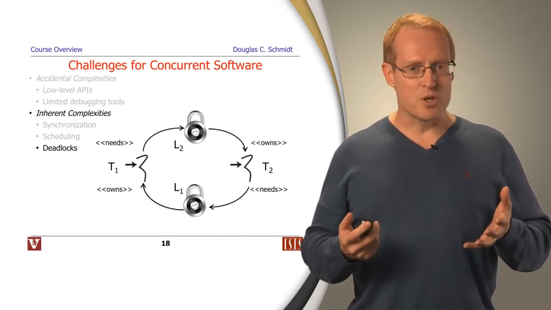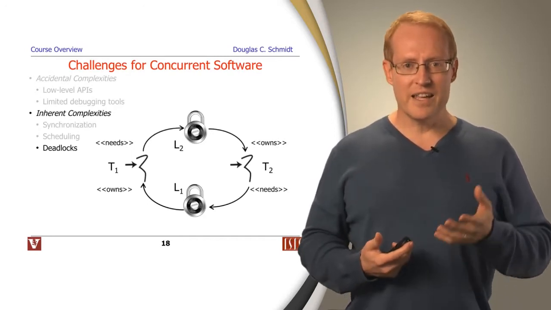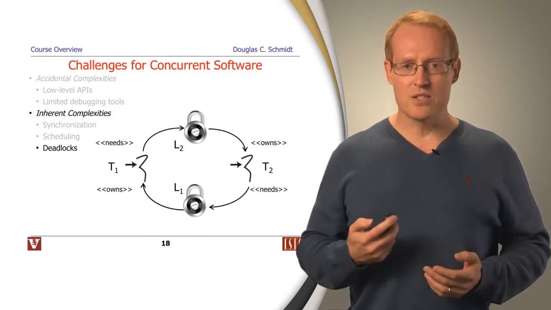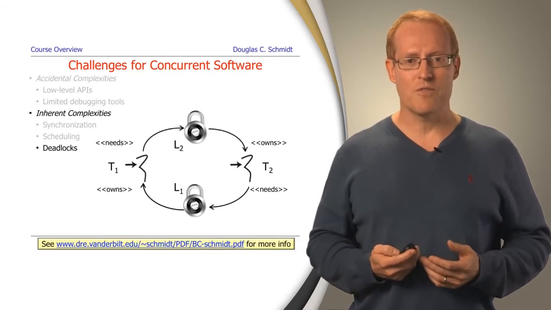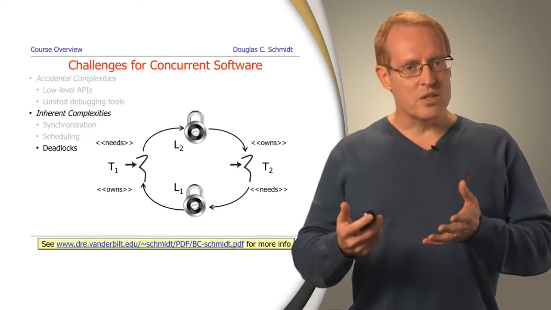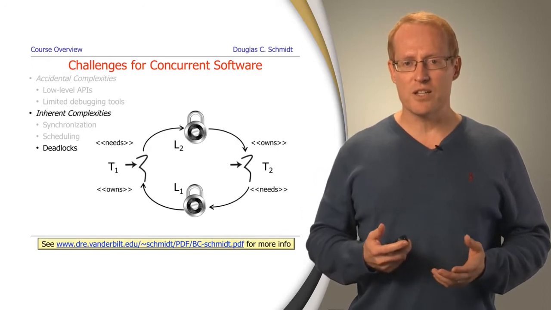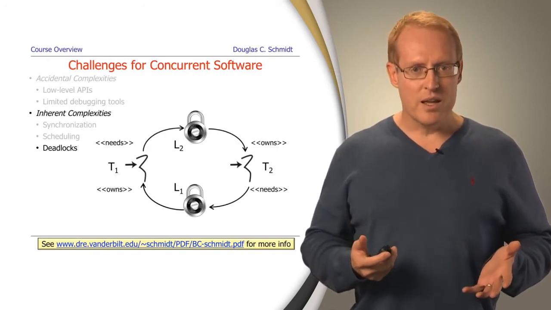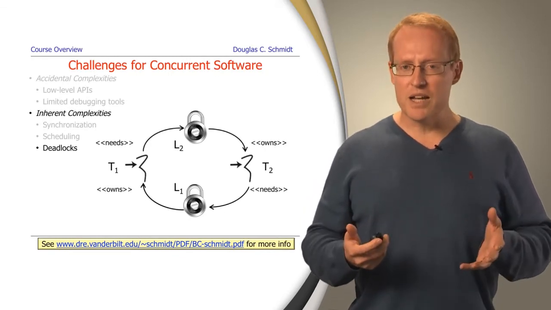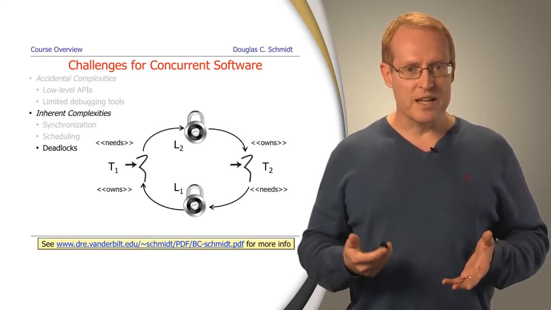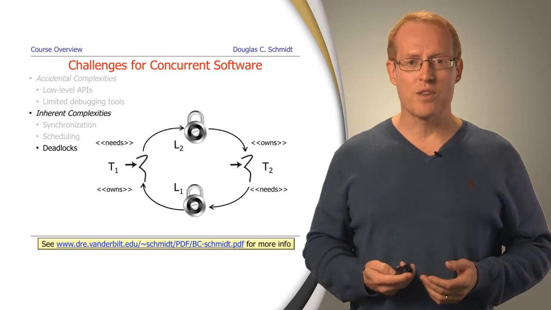This is a good example of circular wait. Identifying, detecting, removing deadlocks is also an inherently complex aspect of trying to build concurrent software. If you take a look at this URL at the bottom of the page, you get a chance to see a bit more discussion of various challenges with developing concurrent software and some tips and ideas on how to apply various techniques to make those problems easier to wrestle with.